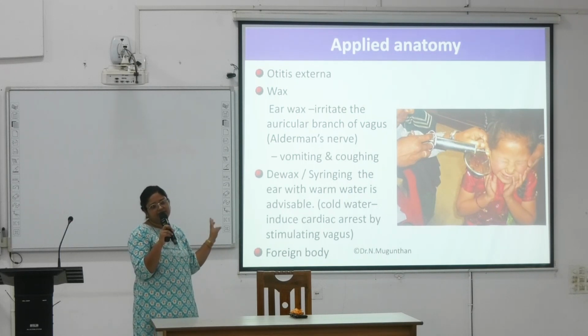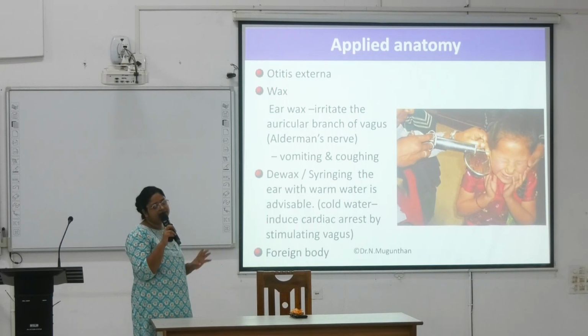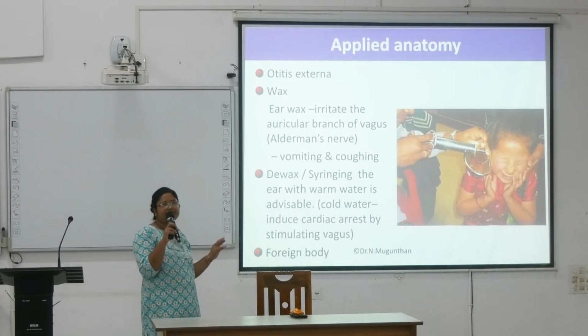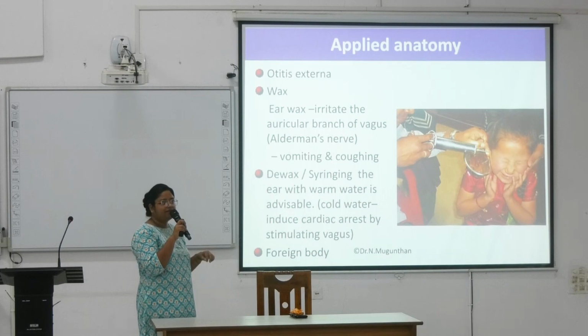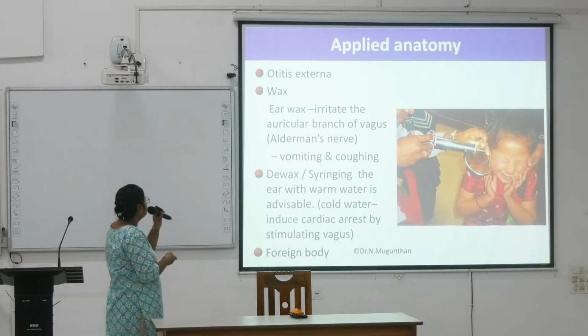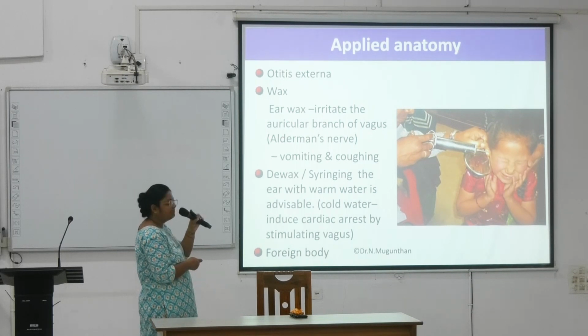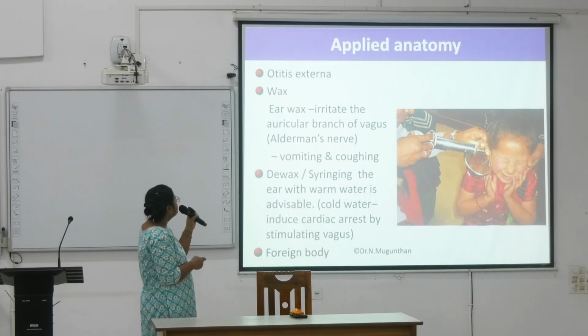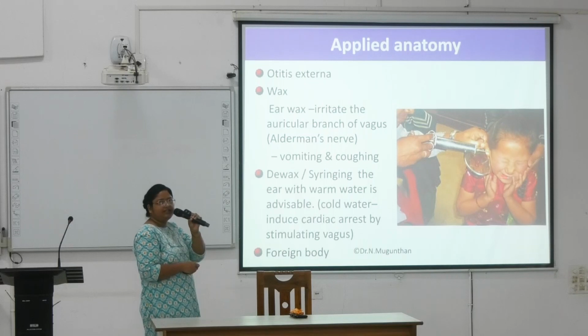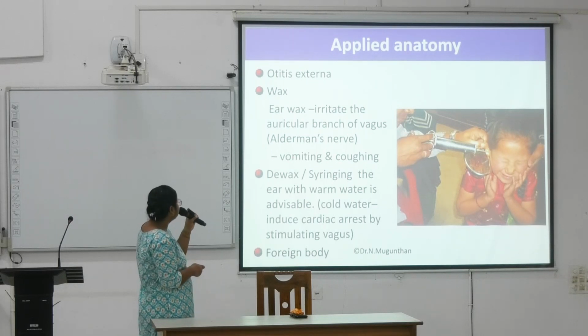But if this process does not occur, there will be a collection of wax within the external auditory meatus. The earwax will irritate the auricular branch of the vagus, Alderman's nerve, and lead to vomiting and coughing. These are the symptoms.